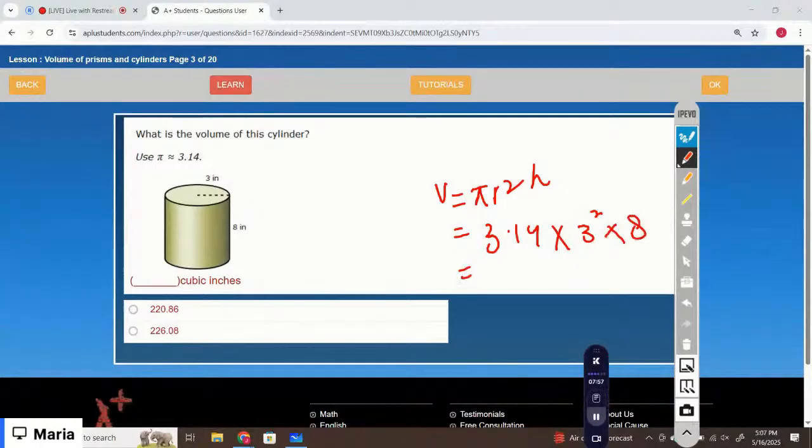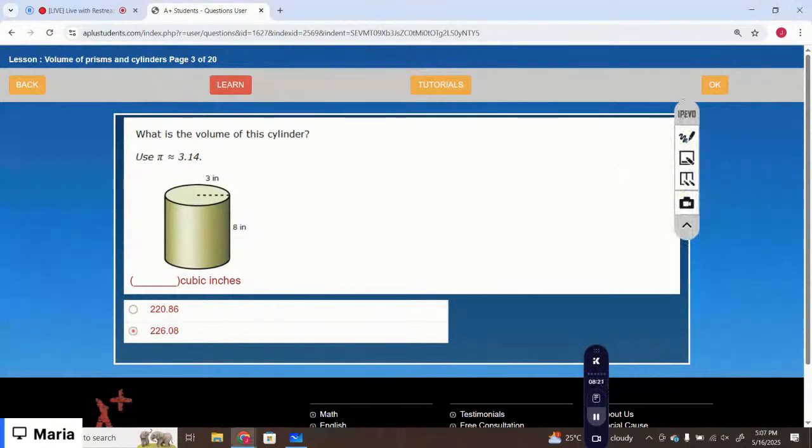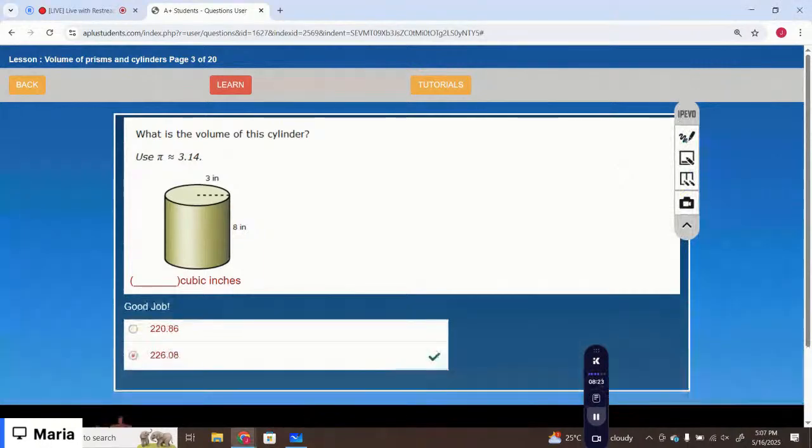Let's do the calculations. So that is 9 times 8 times 3.14. That is 226.08. Option number 2 is the correct option. So just keep these formulas in your mind, right?